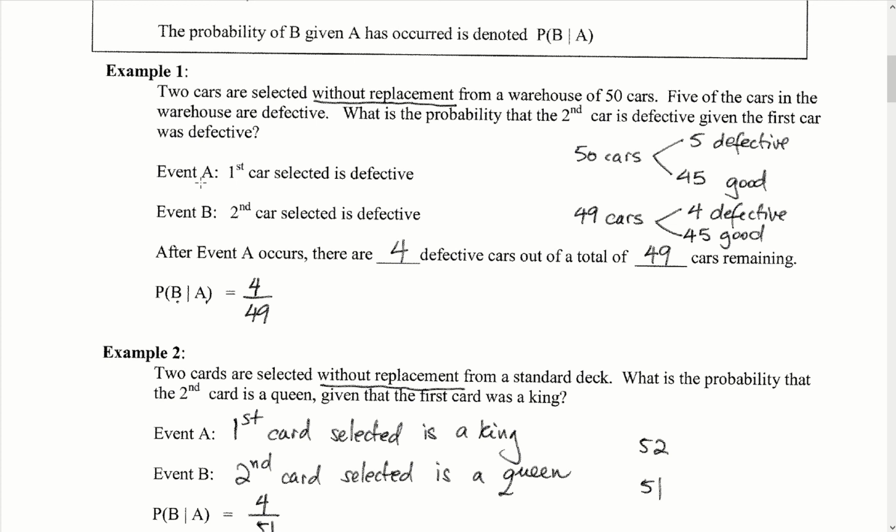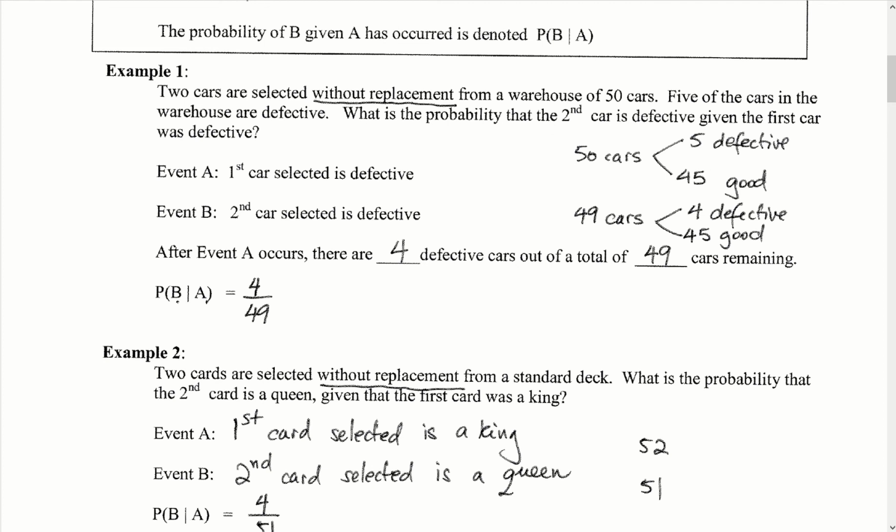So let's let event A be that the first car selected was defective, and let event B be that the second car was defective. In the very beginning, we're told that we have 50 cars in the car lot. 5 are defective, which means the remaining 50 minus 5, or 45, must be good cars.